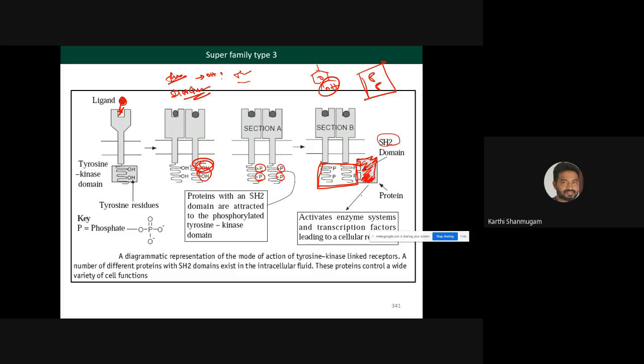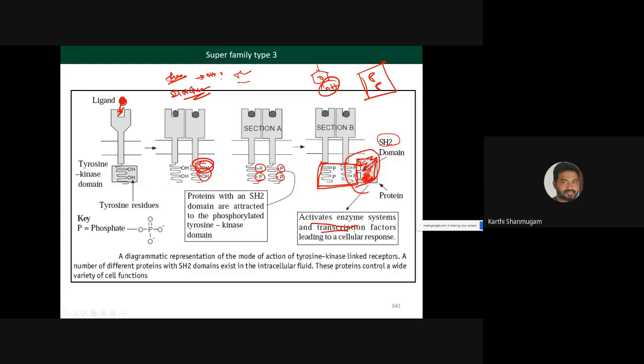Because of the attraction of this SH2 domain to the phosphorylated state of tyrosine kinase, it activates the enzyme systems and various transcription factors which lead to the cellular response. It's a very general mechanism. Again I repeat, the binding of the ligand to the receptor binding site leads to dimerization of this protein.